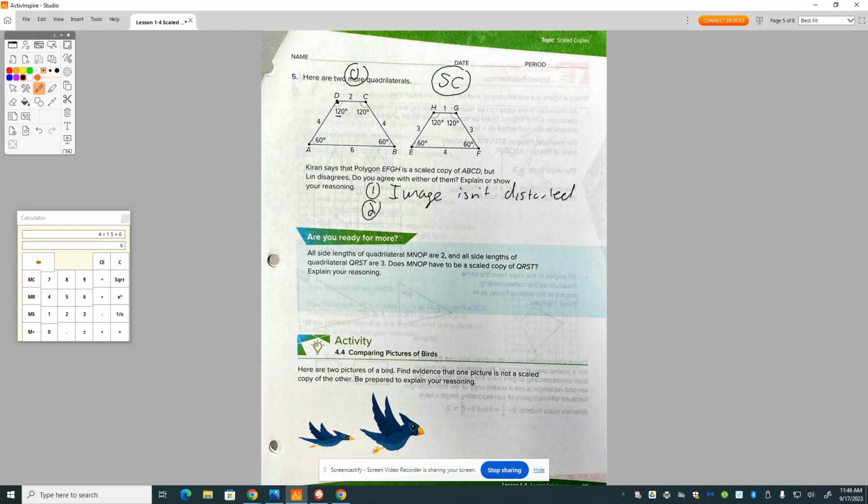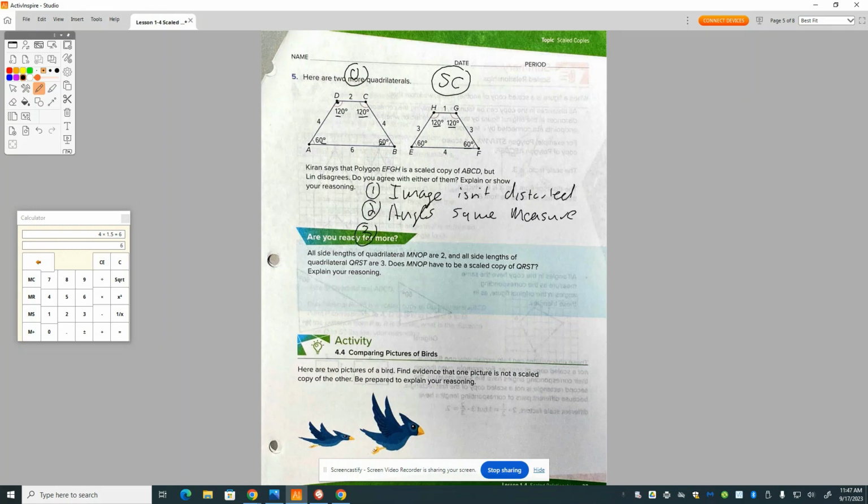Now looking at D, I have 120, H has 120, C has 120, 120. It looks like, by visually inspecting it really quickly, that all the angles are exactly the same measure. So far these do appear to be scaled.